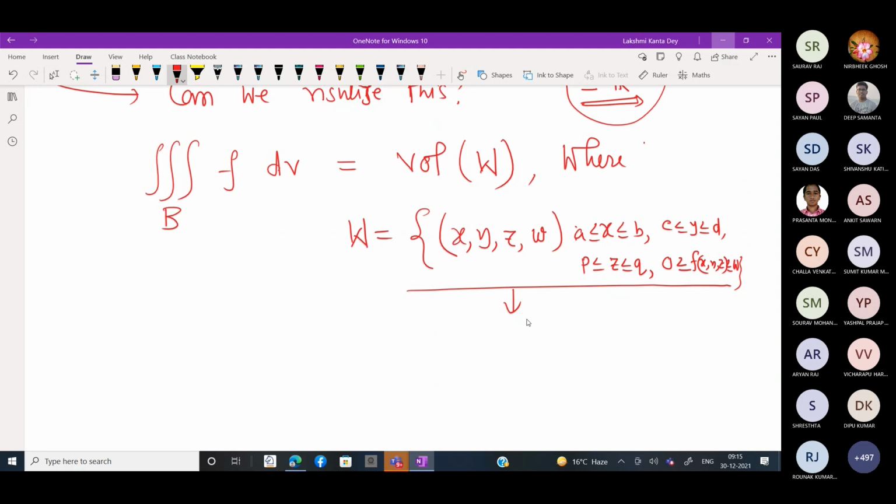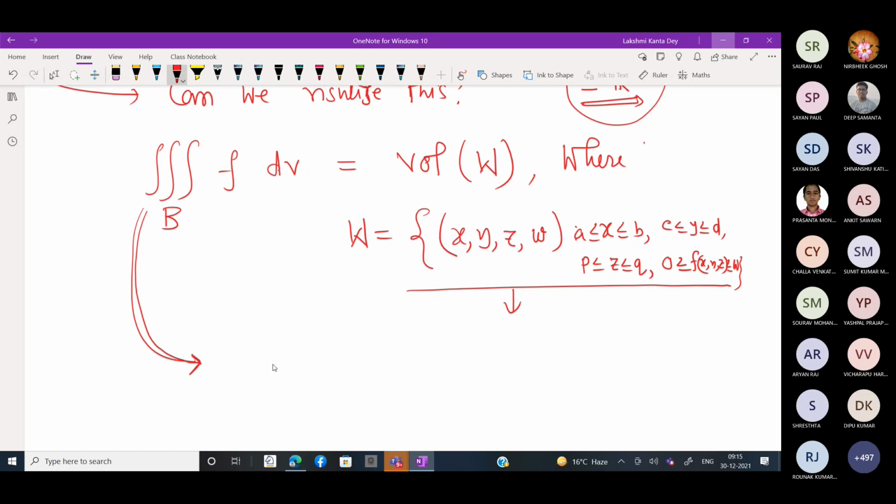So geometrically also you understand, and in the same way, if iterated integrals exist, then we can find it by means of the iterated integral. Suppose f is integrable, and one of the iterated integrals exists, then we can find the triple integration by means of that iterated integral.